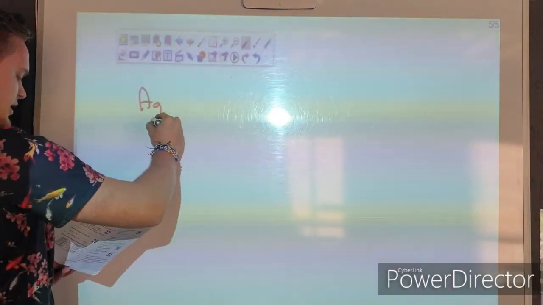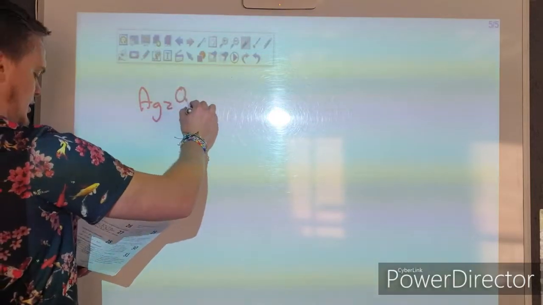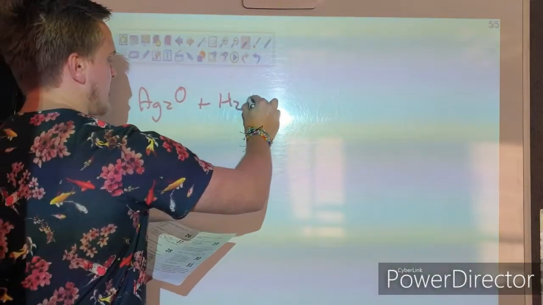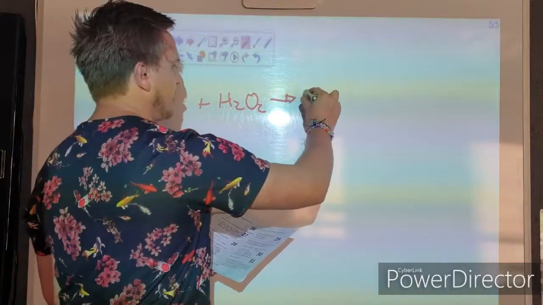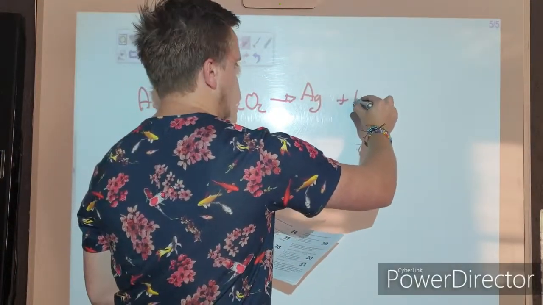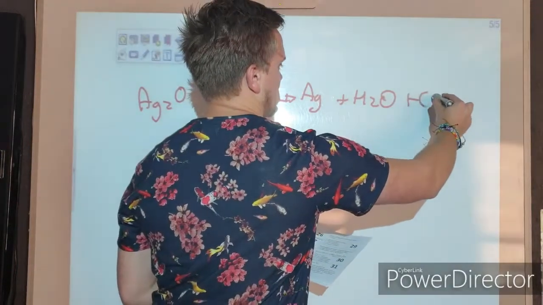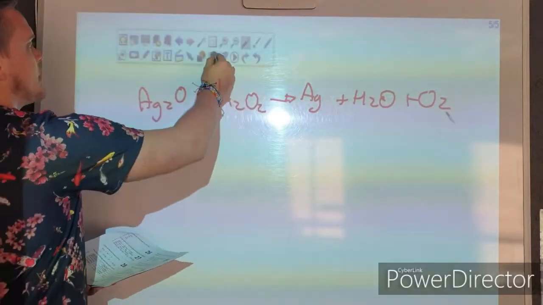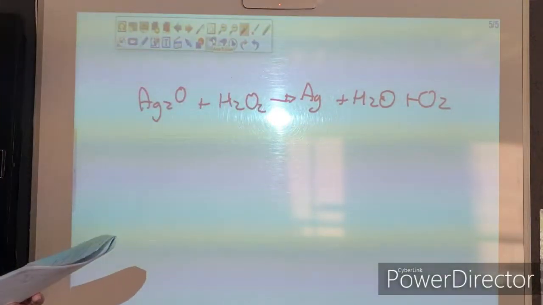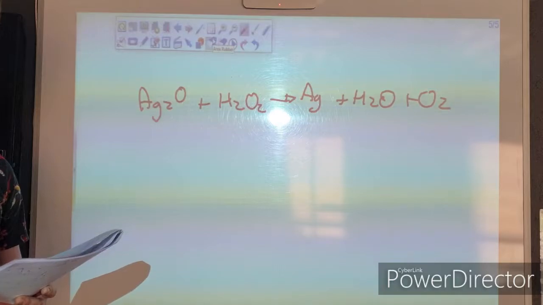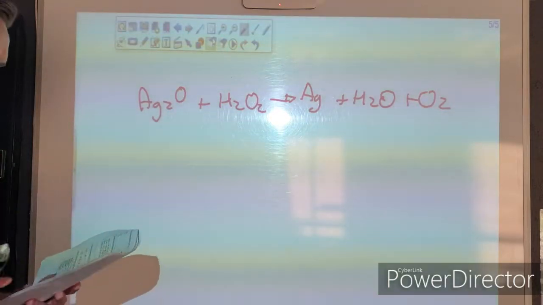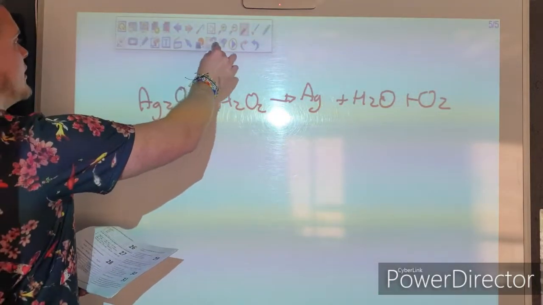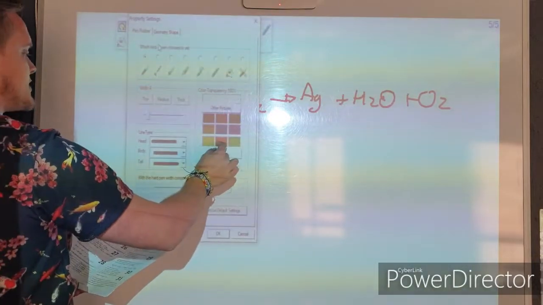So they gave you this reaction, AgO plus hydrogen peroxide, giving you Ag plus H2O plus O2. They want to know what is the role of hydrogen peroxide in this reaction, so let's check hydrogen peroxide specifically.